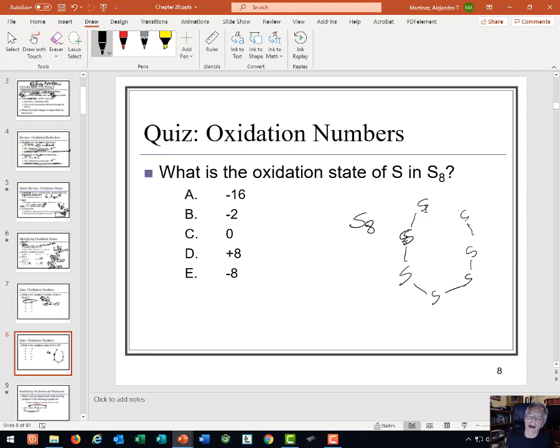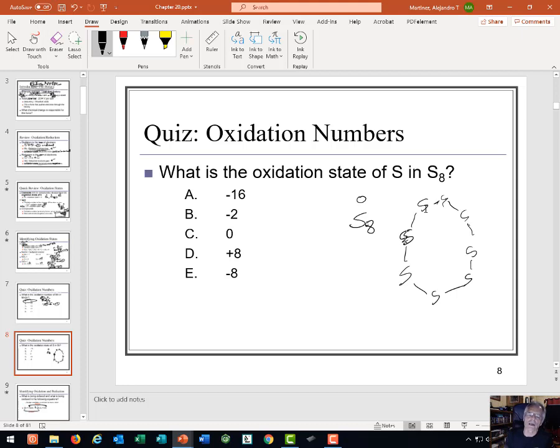Sulfur and sulfur. That's pretty ugly, but 1, 2, 3, 4, 5, 6, 7, 8. So here I've got this ring structure for sulfur. There's no difference in electronegativity between one sulfur and the other, and since there's no electronegativity difference, sulfur S8 will have an oxidation state of 0.